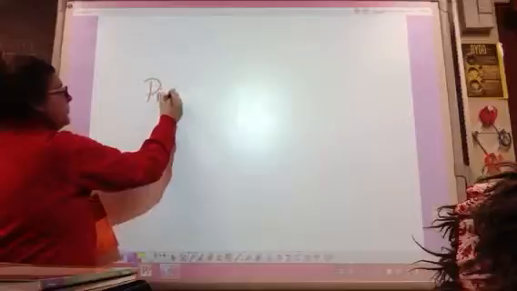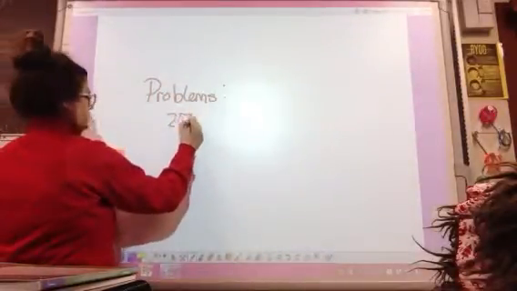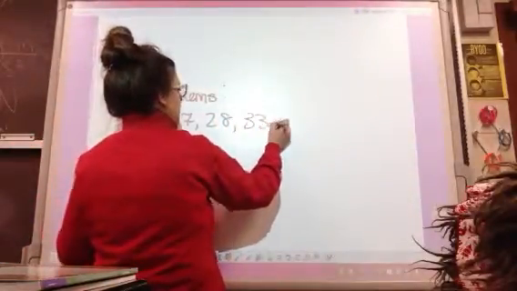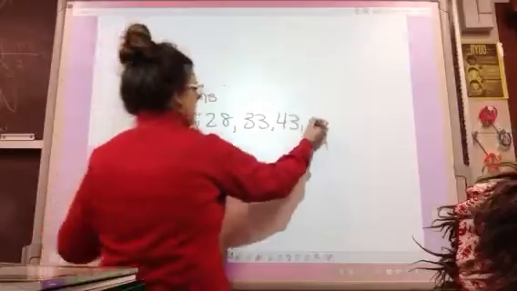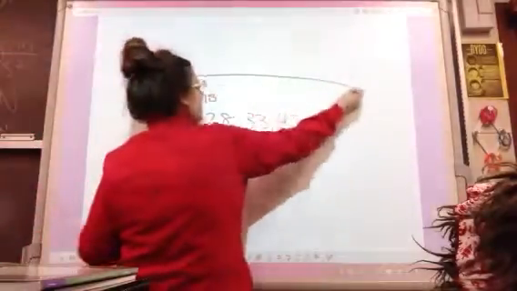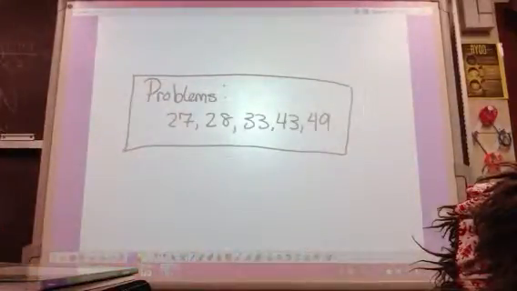For homework, I'd like you to do 5 book problems from chapter 5: numbers 27, 28, 33, 43, and 49. These will be due on Monday, so I want to look at these problems on Monday. You have 5 of them.